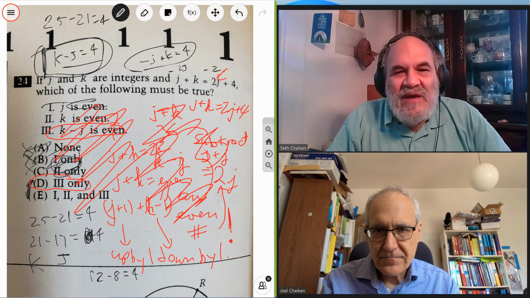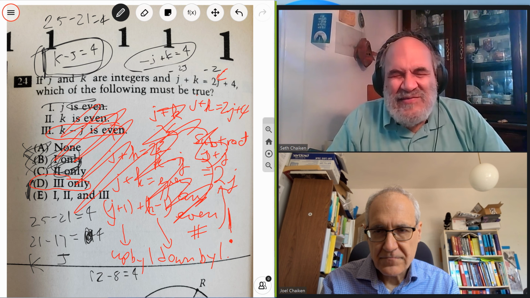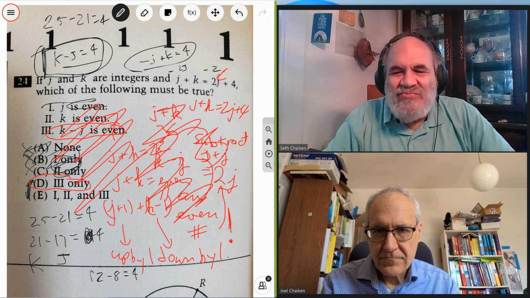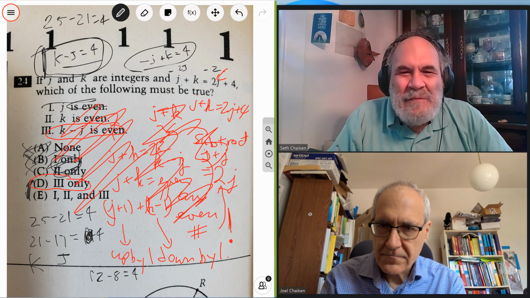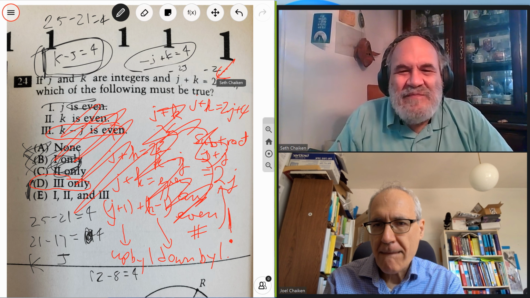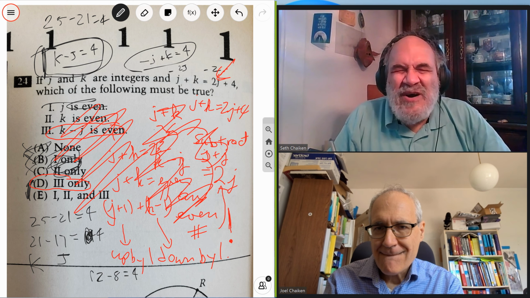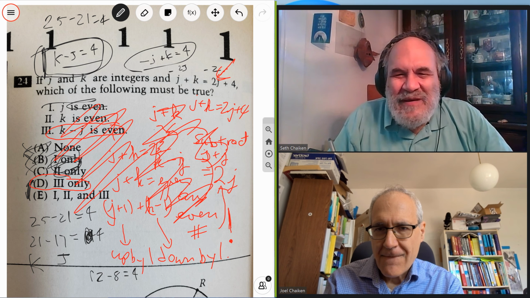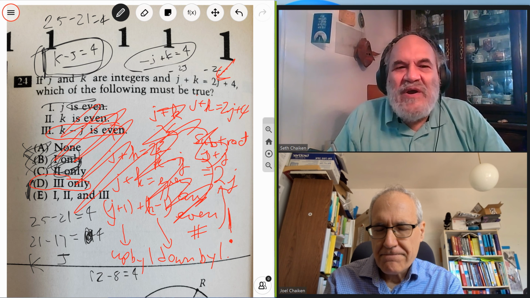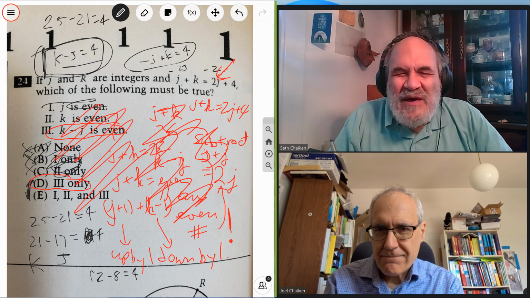So if I change J and K, the right-hand side, if you change J to another integer, is still even. So whatever J and K are, their sum is even. Right. Which means that they have the same parity.